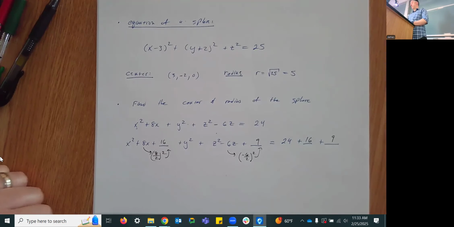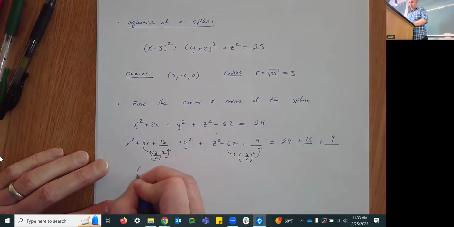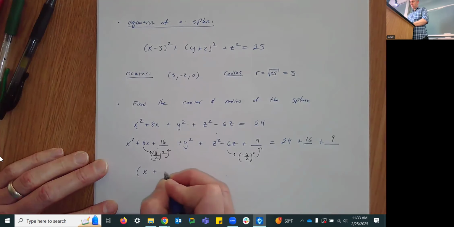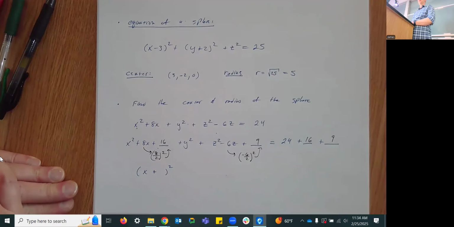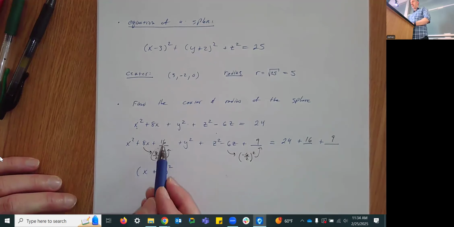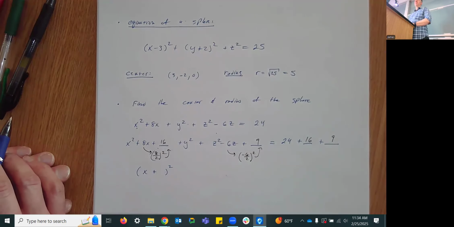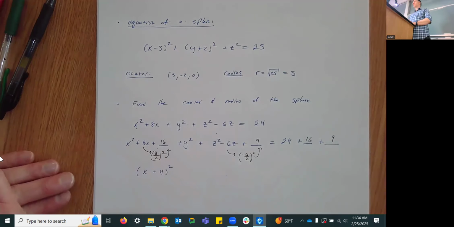Well, they allow us to rewrite x squared plus 8x plus 16 as something squared. This is going to turn into x plus what squared? I know you know. What numbers multiply to 16 and add up to 8? 4 and 4. Oh, it's x plus 4 times x plus 4, which is x plus 4 squared.